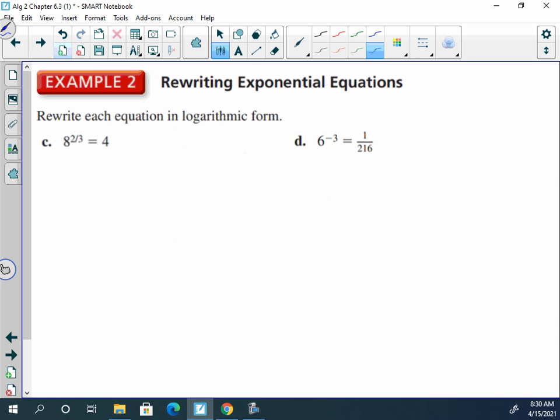So let's look at two more, at least. 8 to the 2/3 is equal to 4 would be log base 8 of 4 is equal to 2/3. How about the next one?